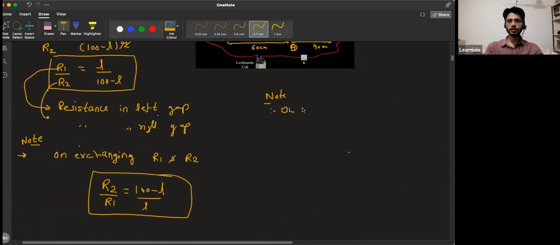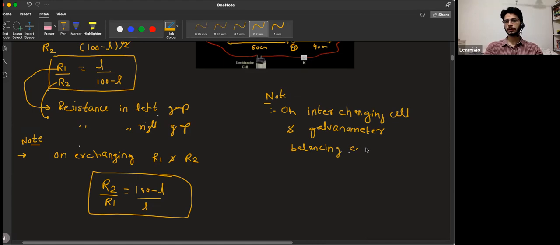So when you interchange cell and galvanometer, the balancing condition will not change.